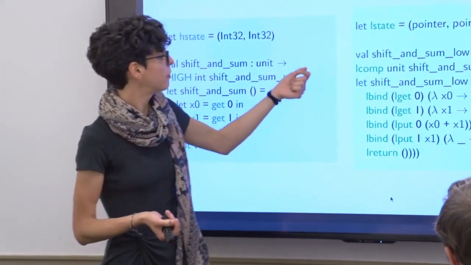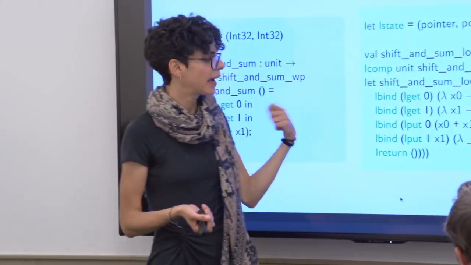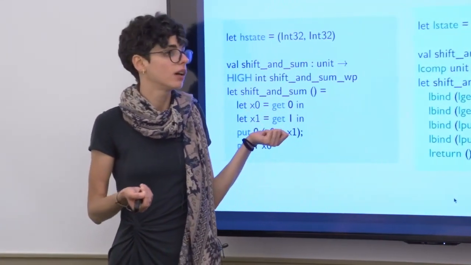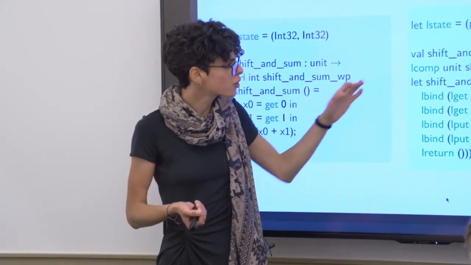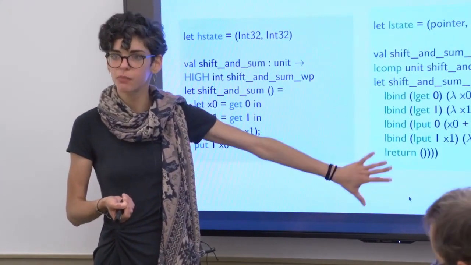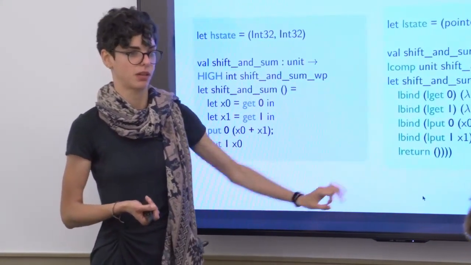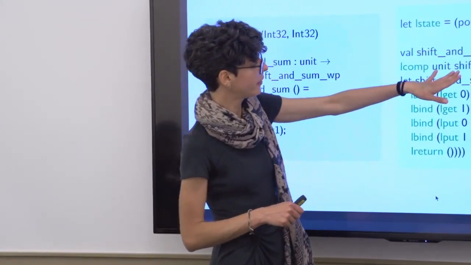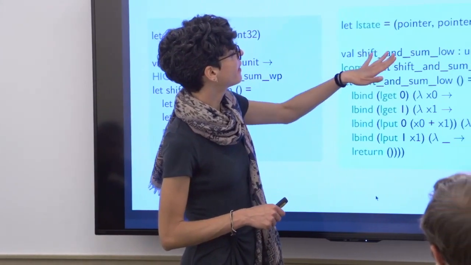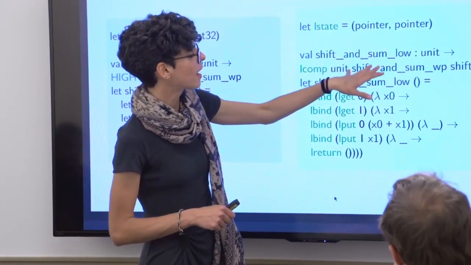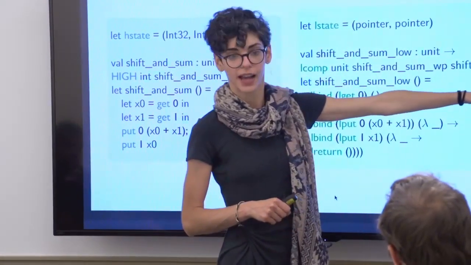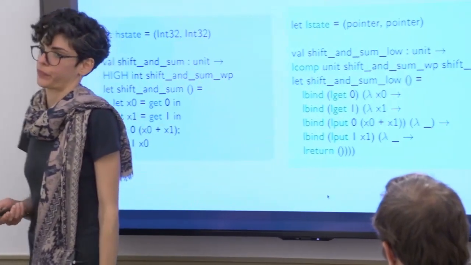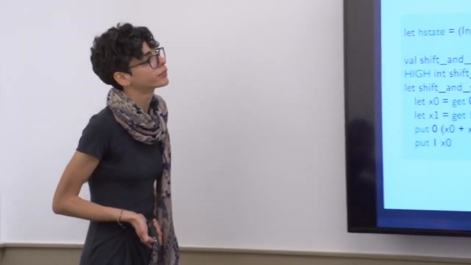Instead of using the high-level combinators, we use the low-level combinators, but the shape of the program is exactly the same. And we know by the type that the low shift and sum program refines the high shift and sum program.